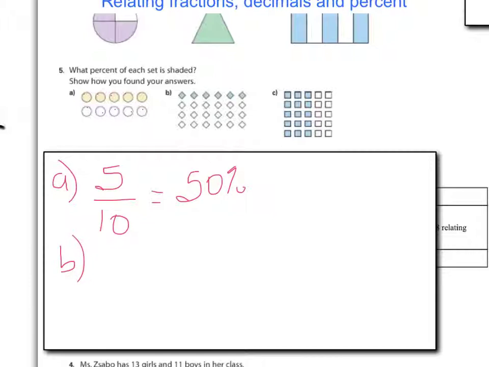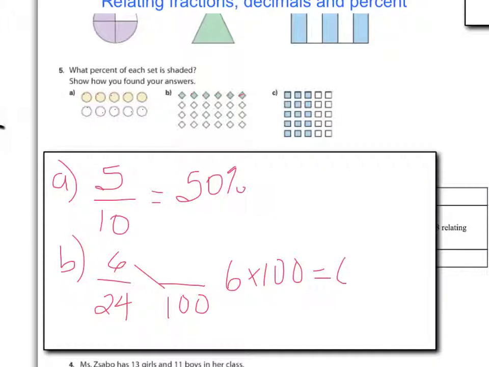B. Let's see, we have 1, 2, 3, 4, 5, 6 rows of 4. That would mean a total of 24. And we have 6 of them shaded, so 6 out of 24. Perhaps I'm going to use cross-multiplying here. I haven't used cross-multiplying yet. So I multiply across 6 times 100. Annexing 0, 6 times 1 is 6.